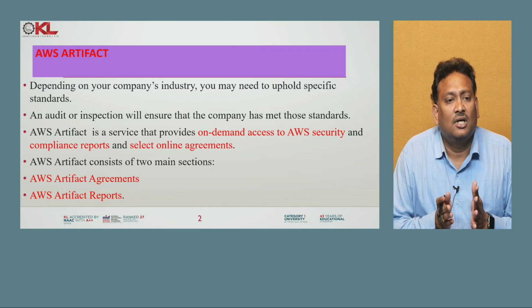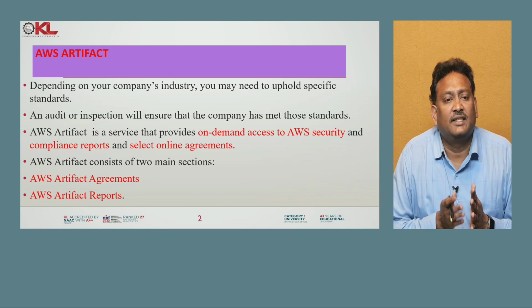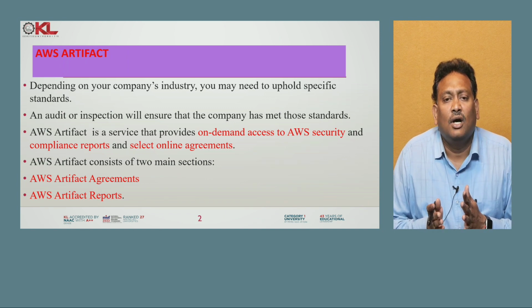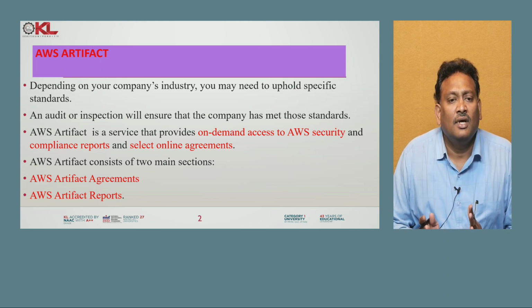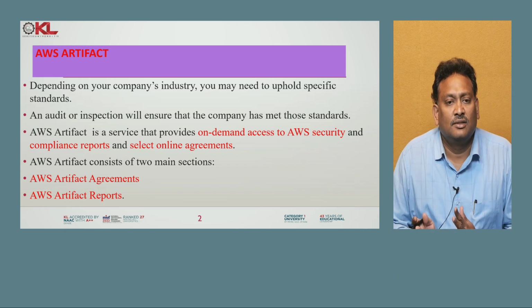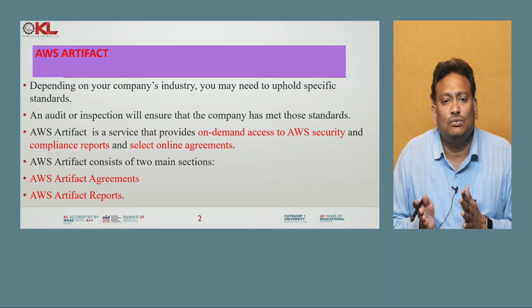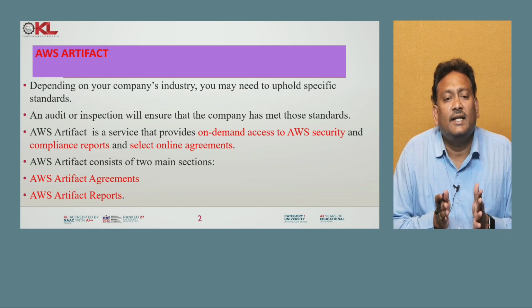In general terms, we are using AWS Artifact. If you want to know about the company's standards, we can use the service AWS Artifact. AWS Artifact is a service that provides on-demand access to AWS security and compliance reports and select online agreements.